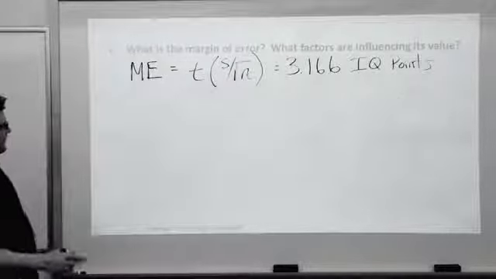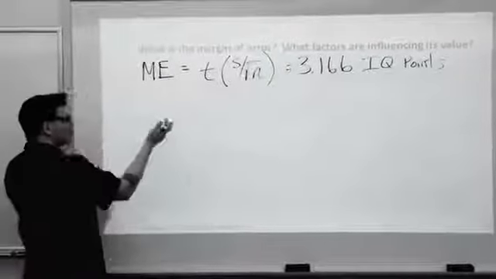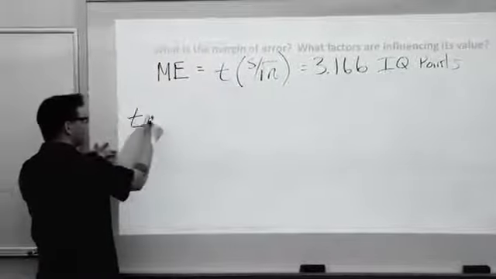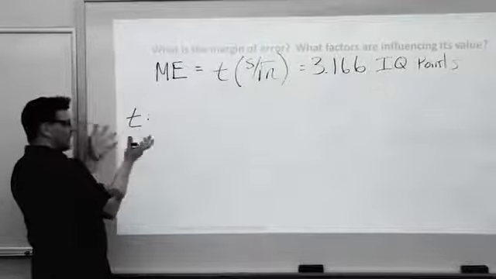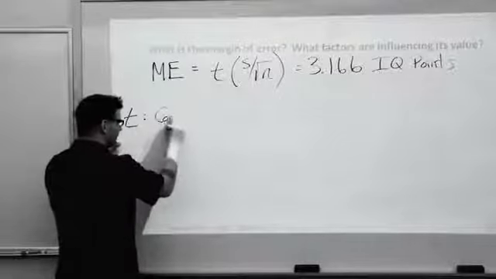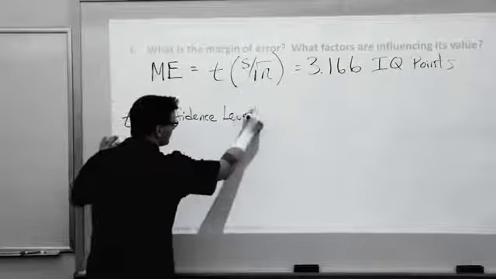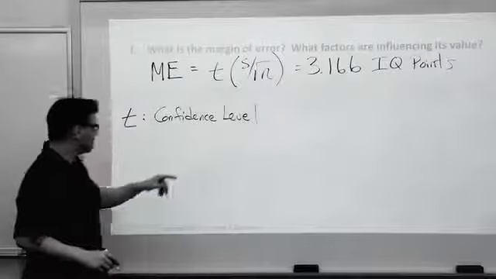And I don't know which one we want to start with, but let's think about it. I guess we'll just start with t. Certainly, t is influencing margin of error's value, and t is based on what? T is based on confidence level. Pick up sample size here in just a second.